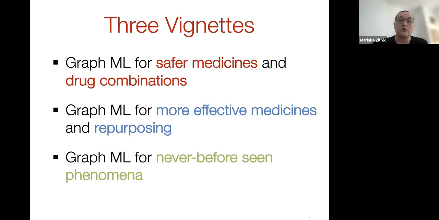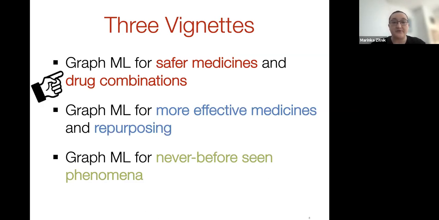And finally, I will conclude with an overview of how graph neural networks allow us to tackle very hard challenges where we need to reason about never before seen phenomena in emerging diseases. And along the way, I will also highlight some specific new technical contributions that we made in the group as a result of tackling these exciting new problems at the frontier of biology and medicine.